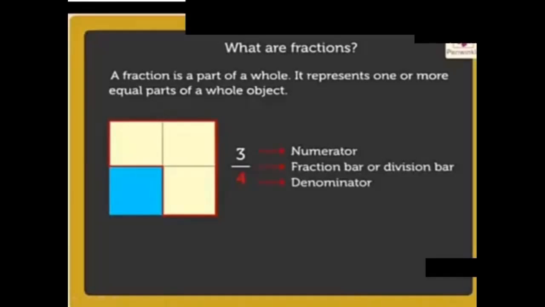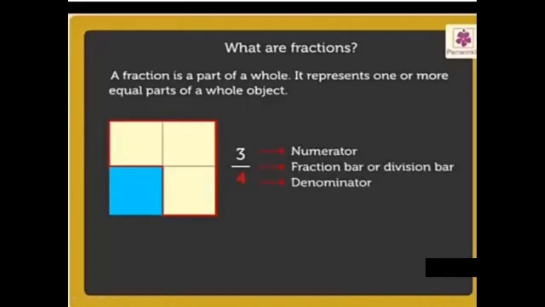Okay, what do you mean by fraction? A fraction is a part of a whole. It represents one or more equal parts of a whole object. How many parts does it have? Two parts. Which are the two parts? Numerator and denominator.